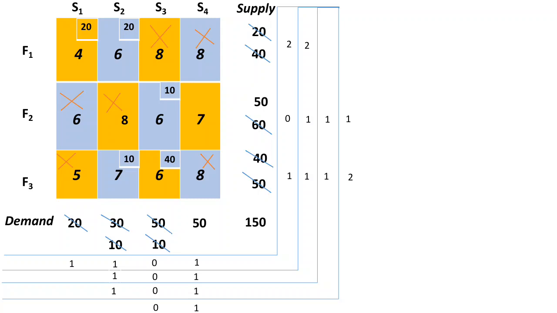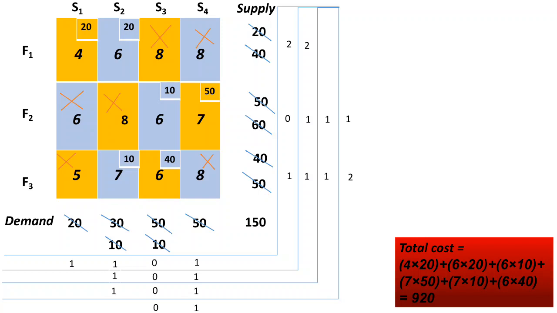So we supply 50 goods from factory 2 to store 4 at a rate of 7. So now we allocate all the goods in this matrix and we can calculate our cost now.